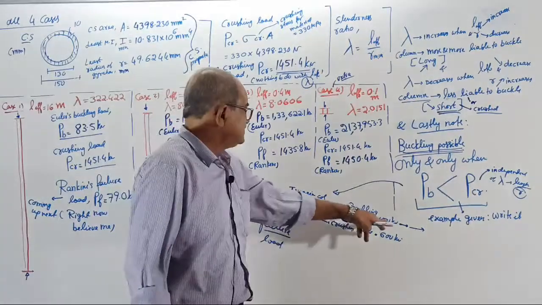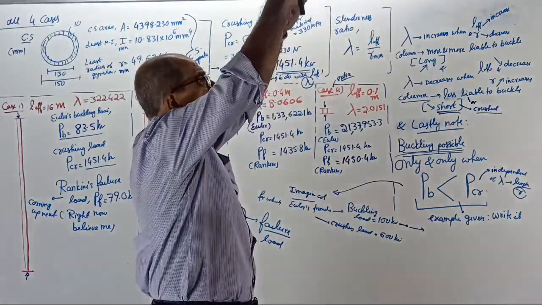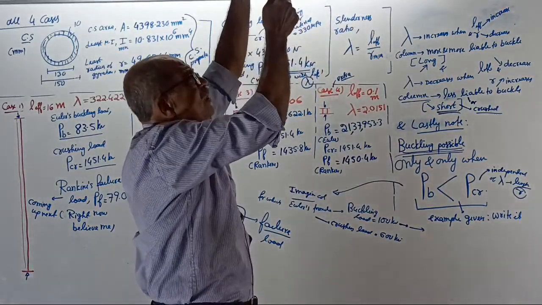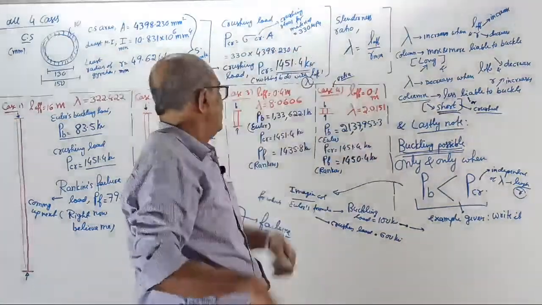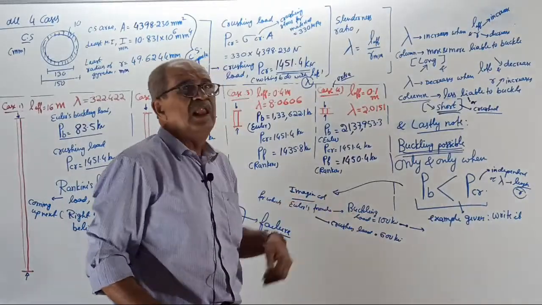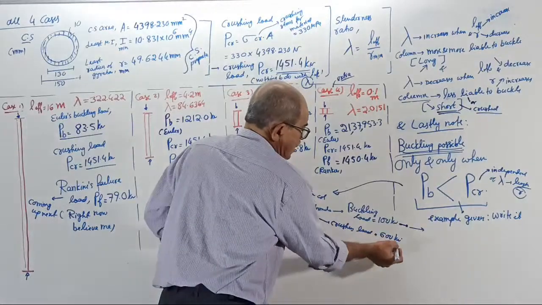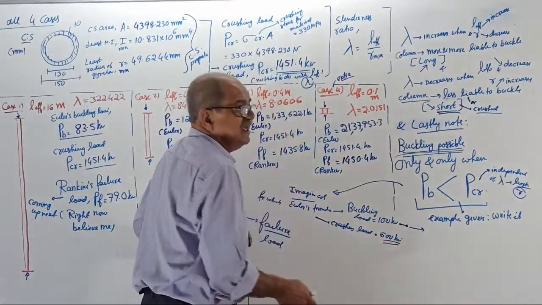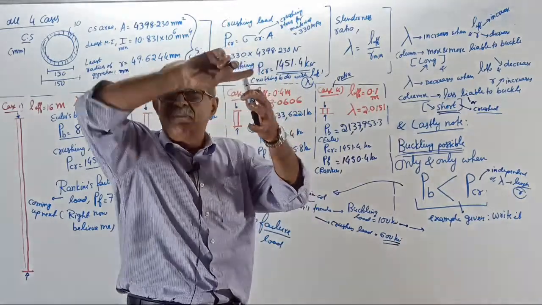When the load reaches 100 kilonewton, it will buckle. And when the load becomes 600 kilonewton, it will crush. So there is no chance of load reaching 600. The moment the load becomes 100 kilonewton, column will buckle.